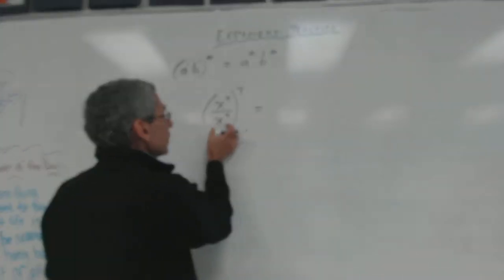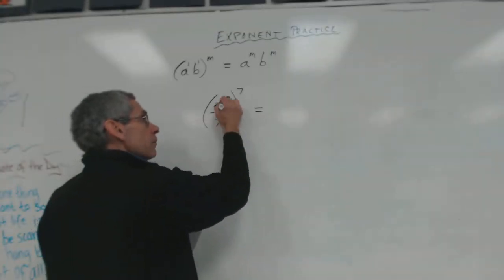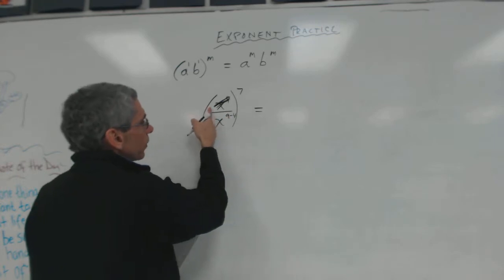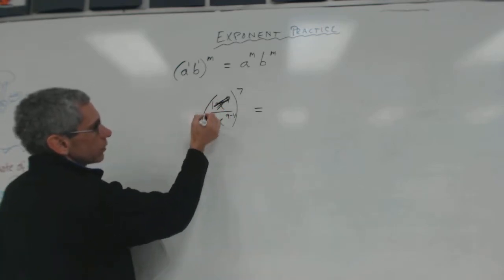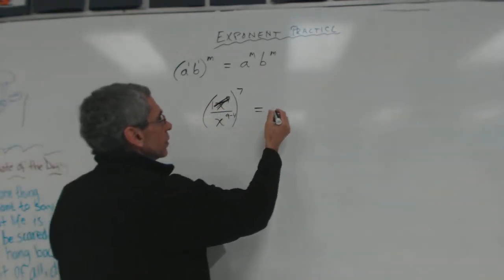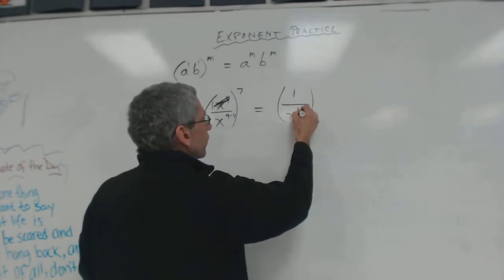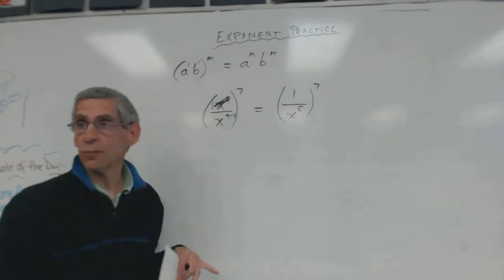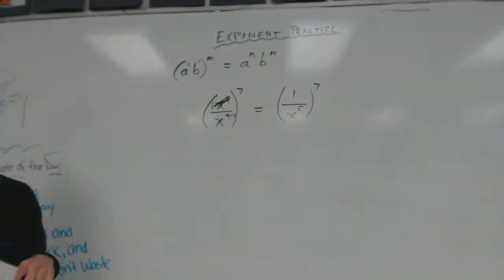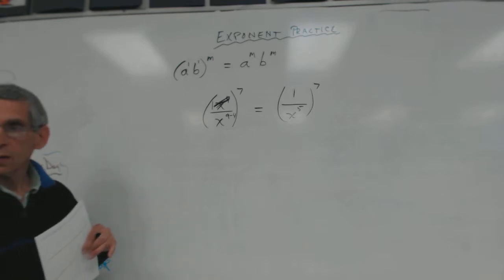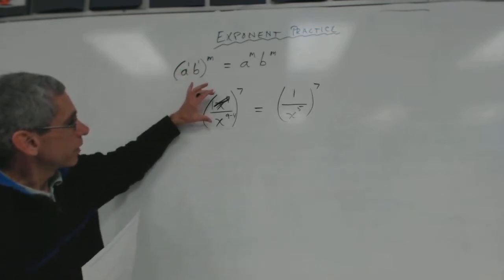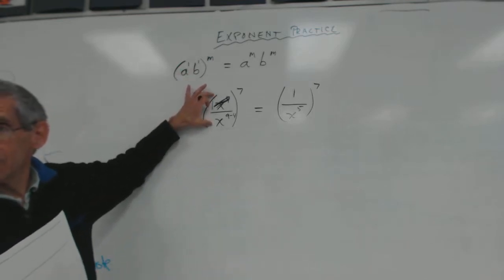It comes down, and then it becomes a -4, right? What stays up here? 1 up. The 1 that was there in front of it, the hidden 1. So suddenly now I have 1 over x to the 5 raised to the 7th power. Right? You see how I did that? Still a little hard, but I think this is easier to simplify.